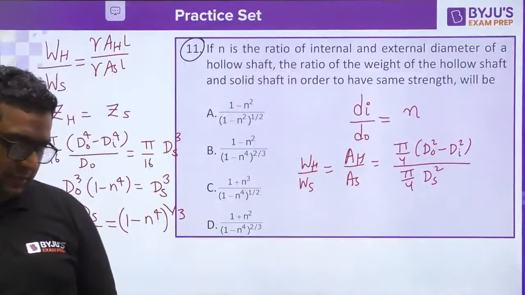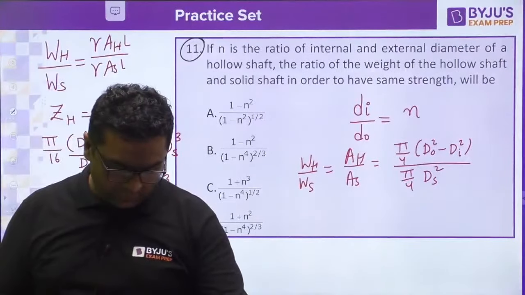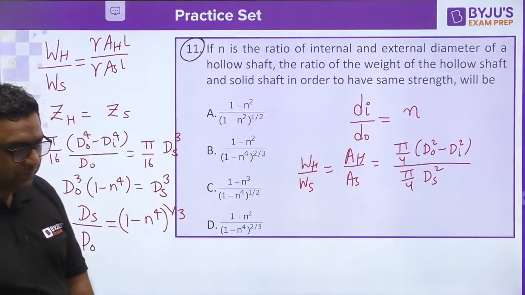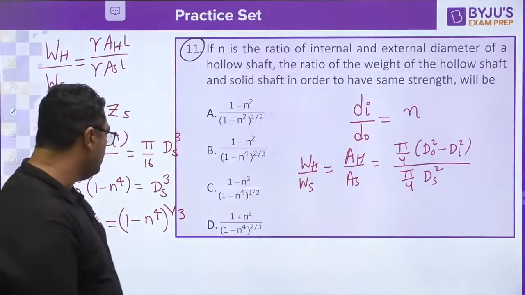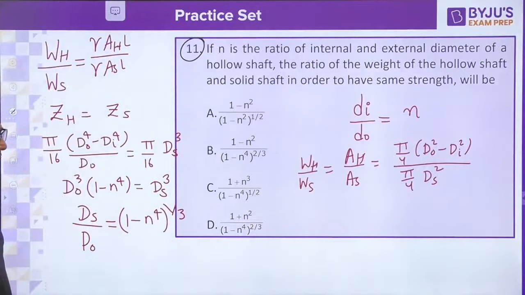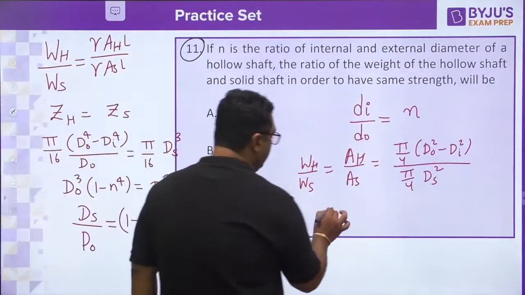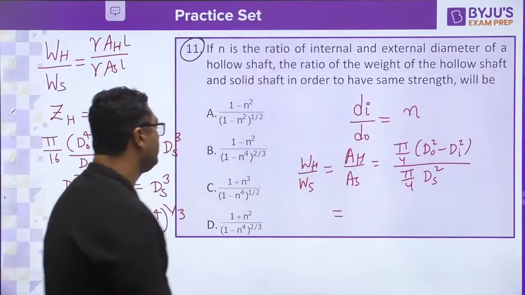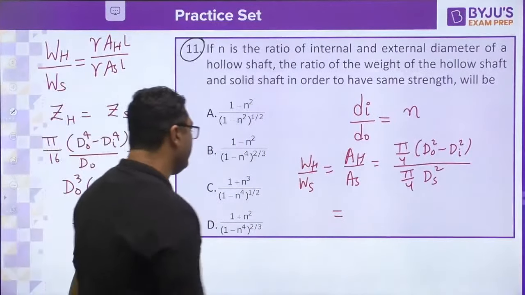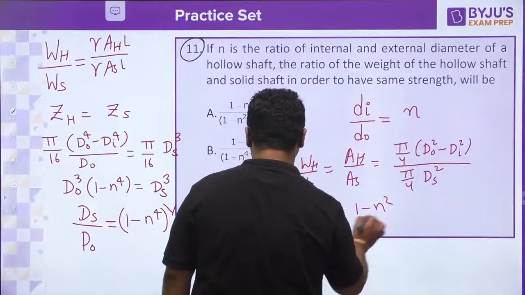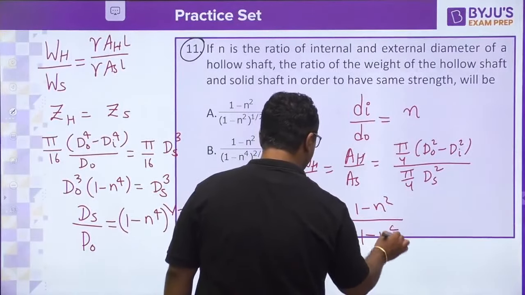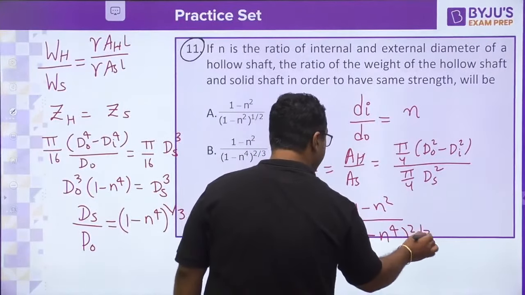Very good, Parvinder, very good. So Parvinder has got the answer to be B. When you will be putting this value, you will be putting ds by d naught as well. You will be getting the answer to be (1 minus n square) (1 minus n4) to the power 2 by 3.